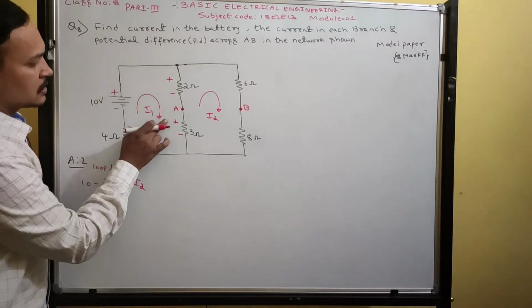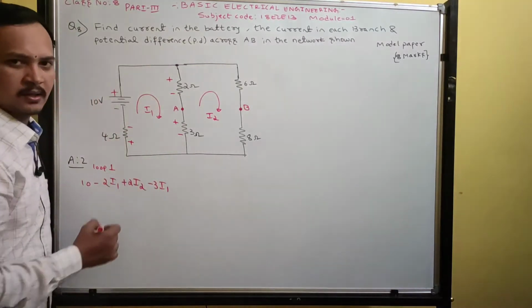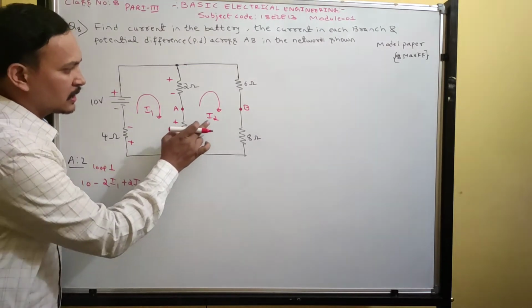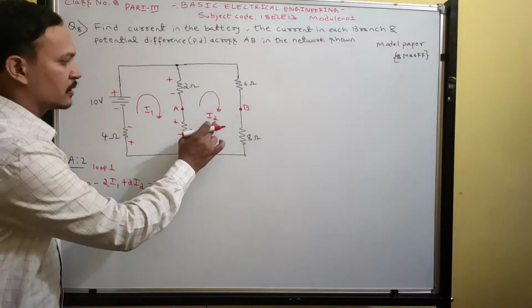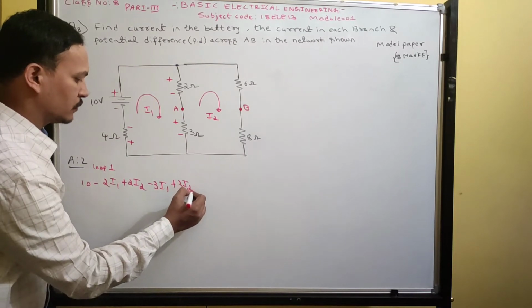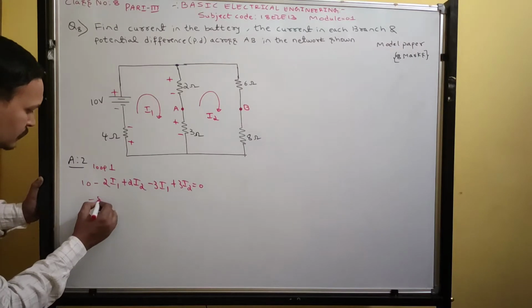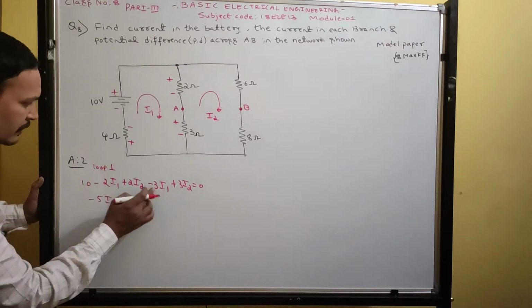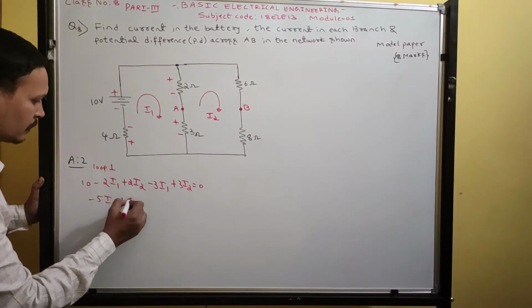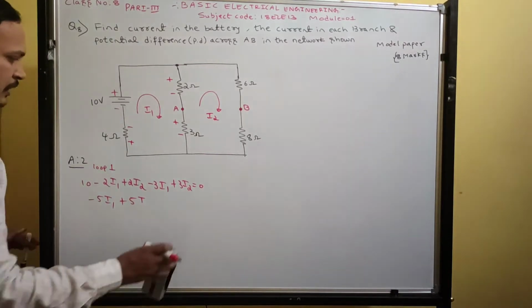So see this current, minus drop, minus 3 I1. Now for this polarity this current will flow. I2 current minus to plus, rise, plus 3 times I2 equals 0. Now simplify this. So this gives minus 5 I1 then plus 5 I2. Sorry, I missed one more term.